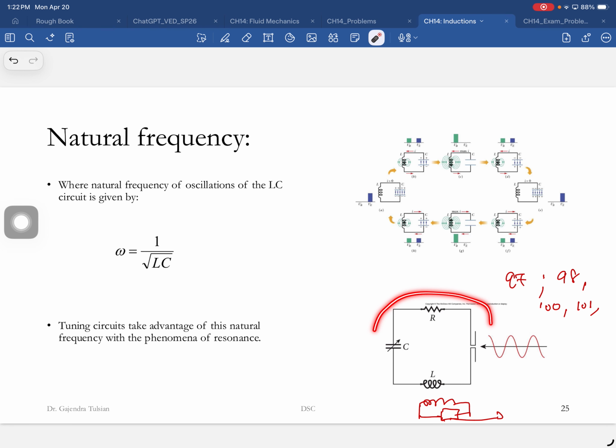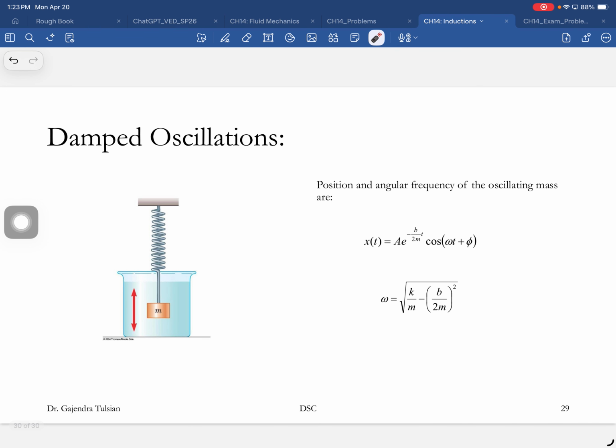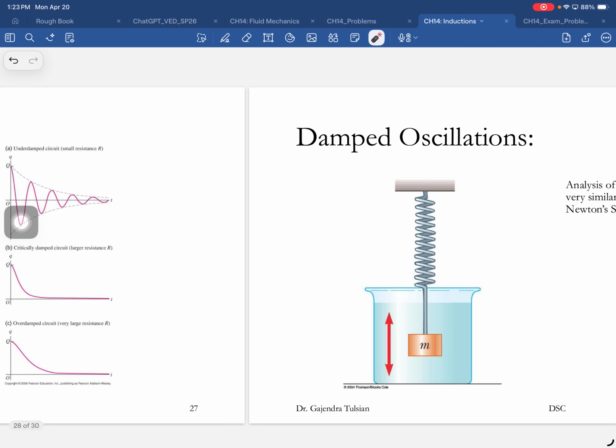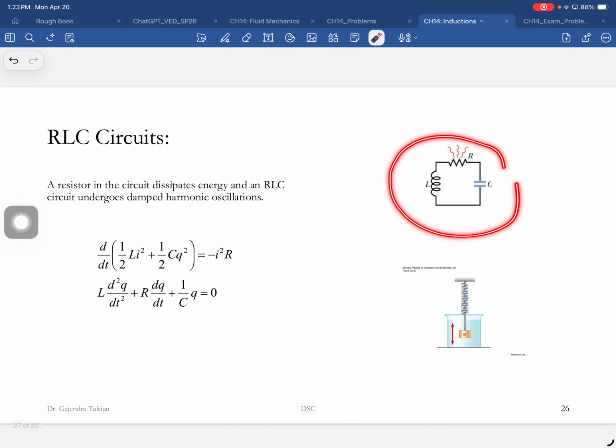Again, this is at the heart of all wireless devices. So that's the mechanical equivalent, parallel to this electrical equivalent. These two behave equivalently. This is the mechanical version, and here's the electronic version of a damped oscillator.